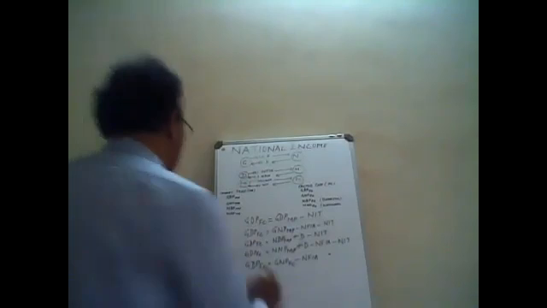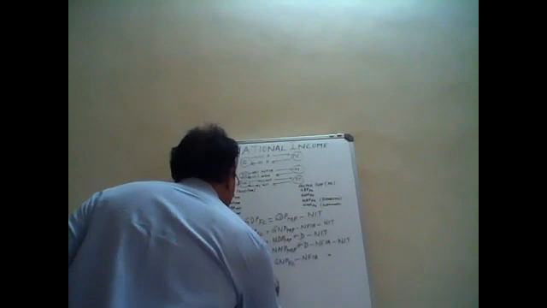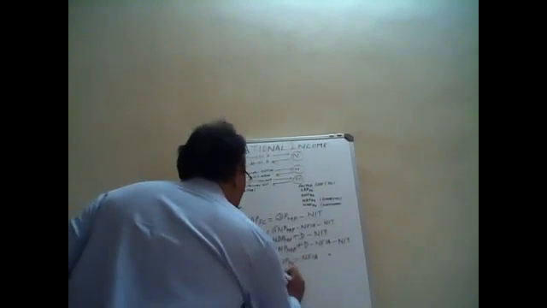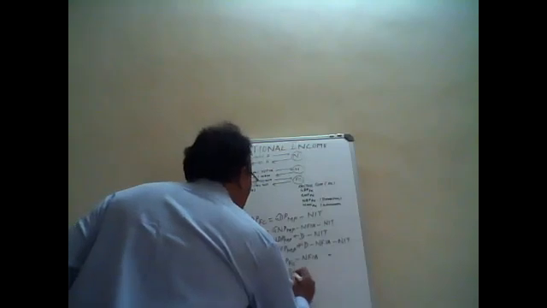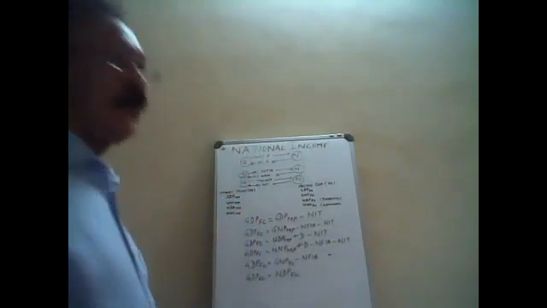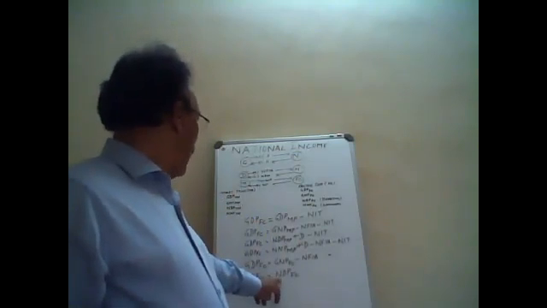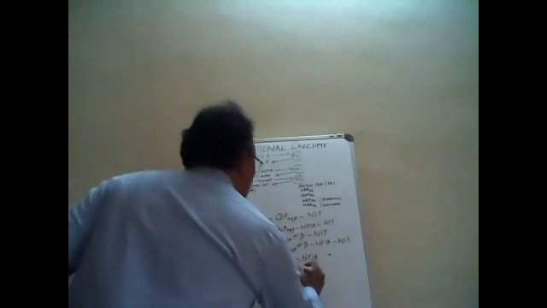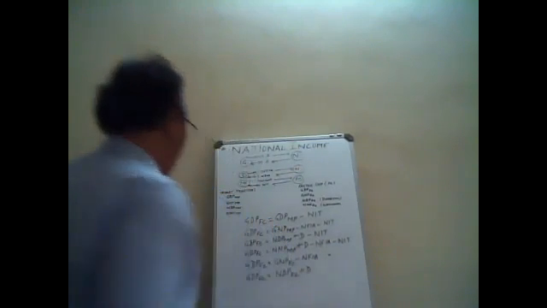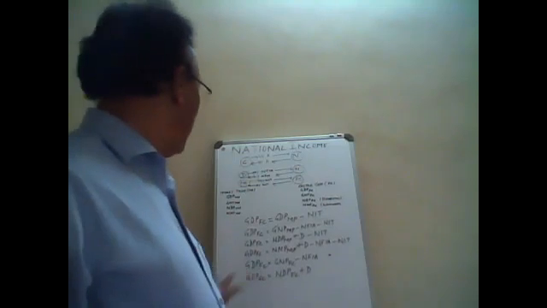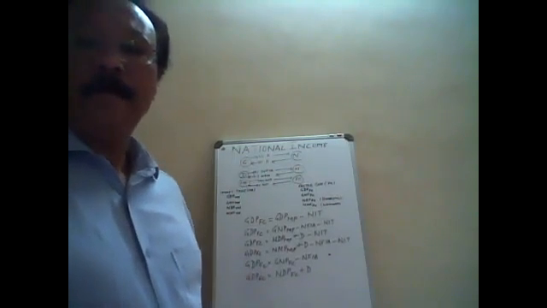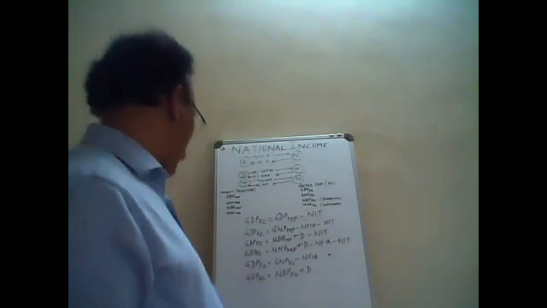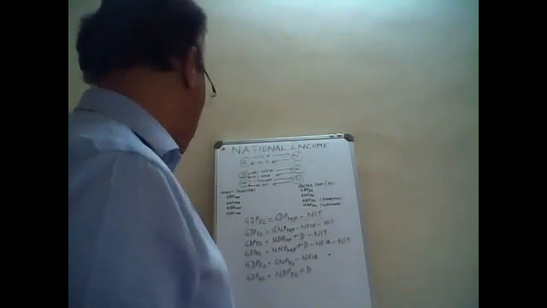Next, GDP factor cost equal to NDP factor cost. Net to gross, we will add depreciation. D and D is the same, the rest is all the same. This was GDP at factor cost when NDP at factor cost was given.